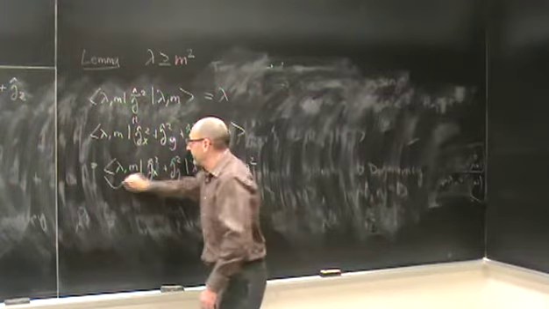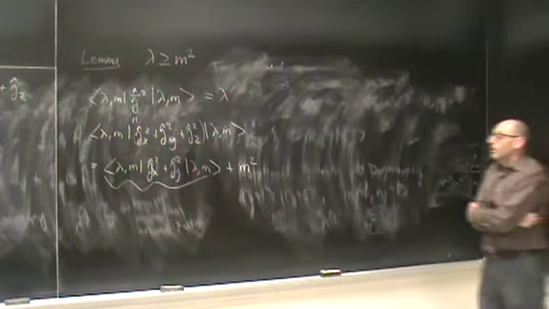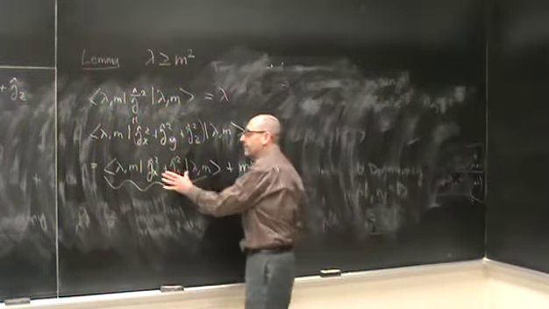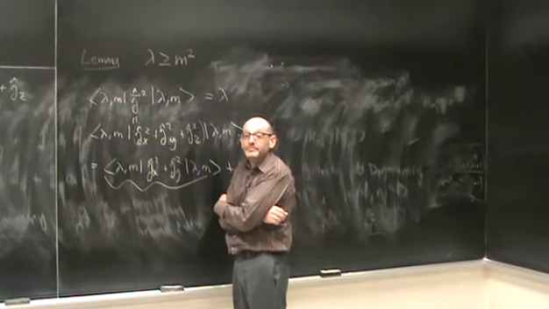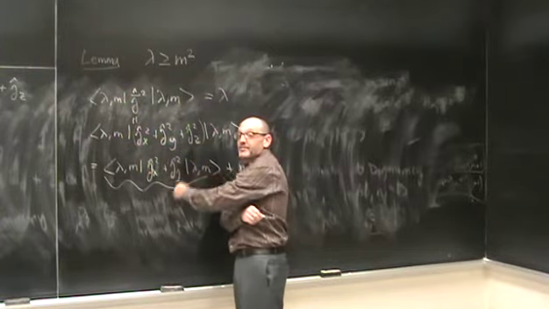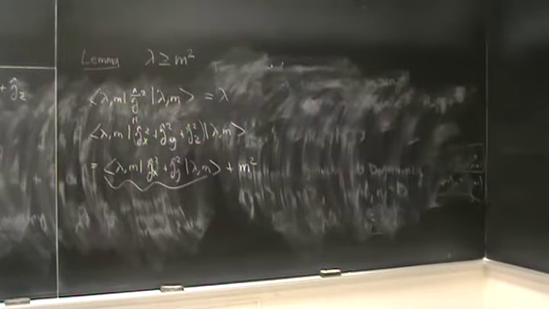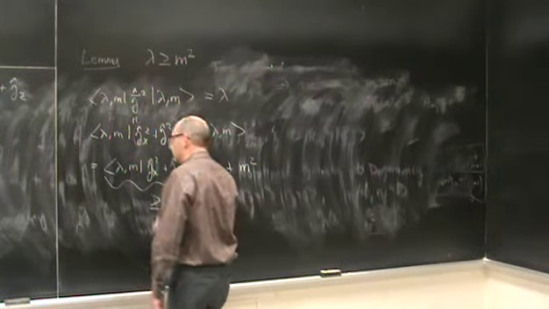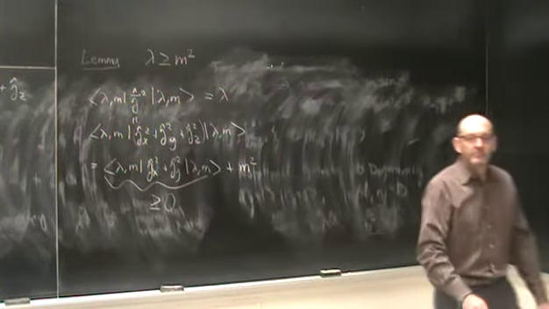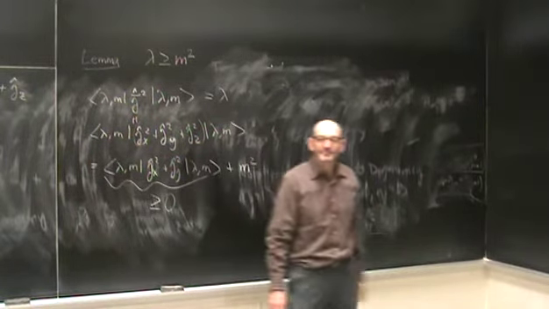What about this number? Well, this is the expectation value of a positive operator. This operator must have positive eigenvalues. Jx squared plus jy squared is a positive number. So this is greater than or equal to 0, because it's positive, not negative.